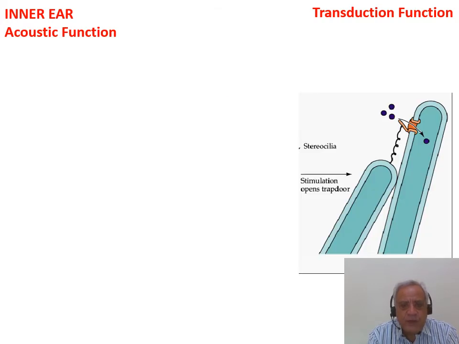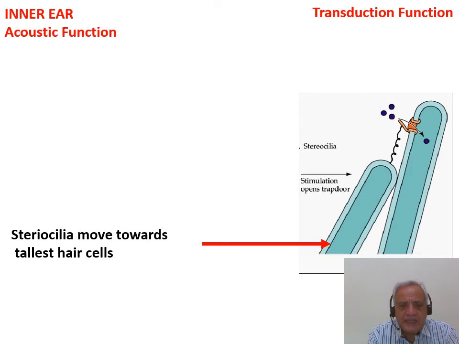If the short cilia move toward the long one, there is a bending of the long cilia. As in this picture, this tip link will be stretched, and when it is stretched, it will open the gate.